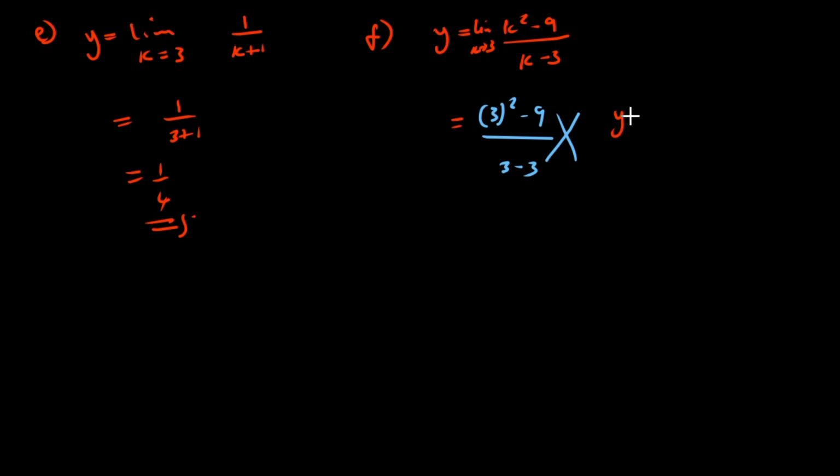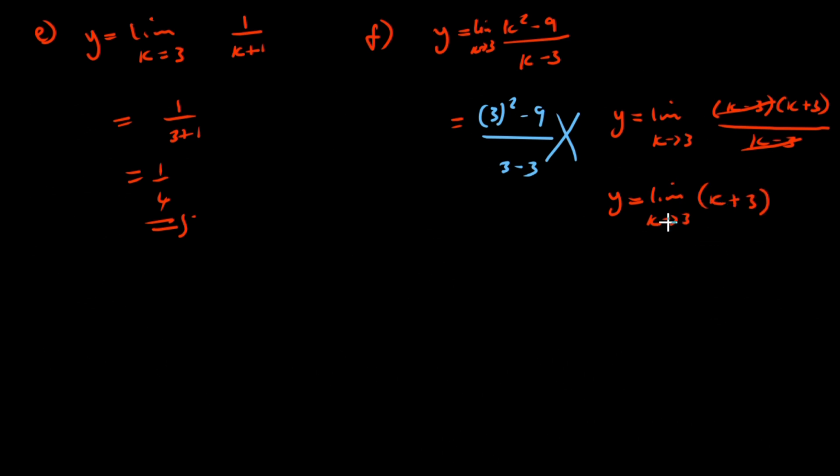So it's y is equal to the limit as k goes to 3 of the numerator, which we factorize, that's k minus 3, k plus 3, all over k minus 3. So what's going to happen? k minus 3 and k minus 3 will cancel out. So we'll be left with the limit as k goes to 3 of k plus 3. And just substitute here, because if I substitute, there's no problem now. That's 3 plus 3, and the answer is equal to 6.